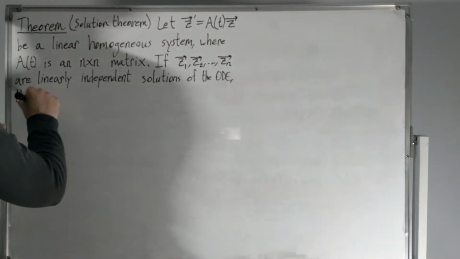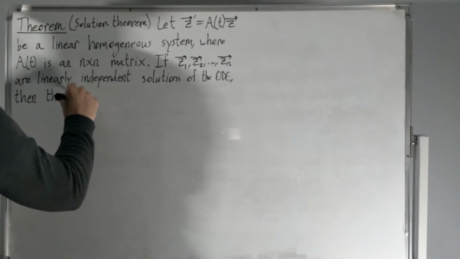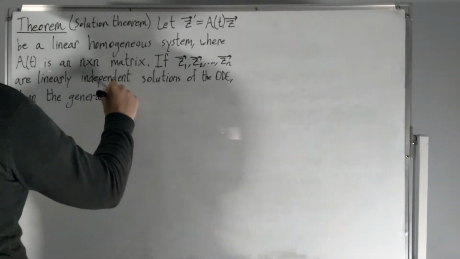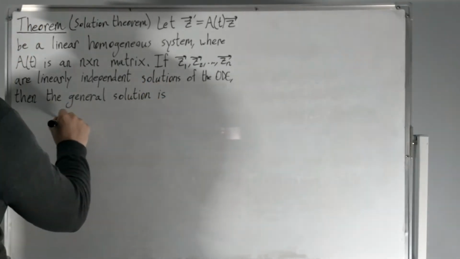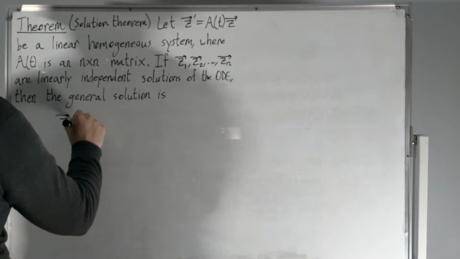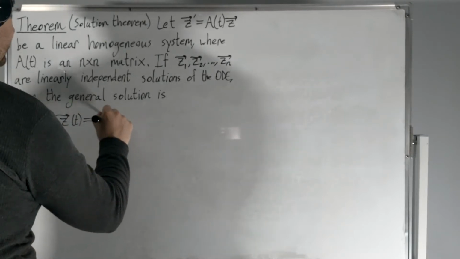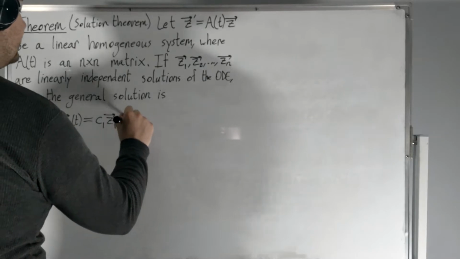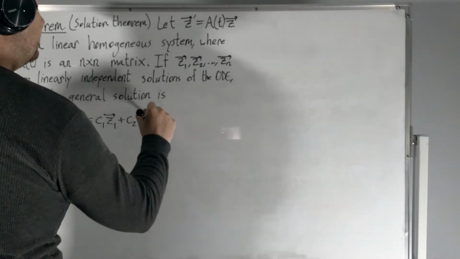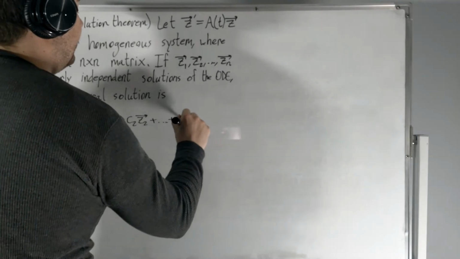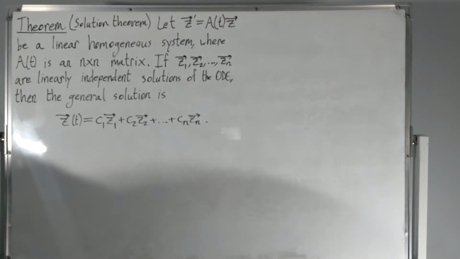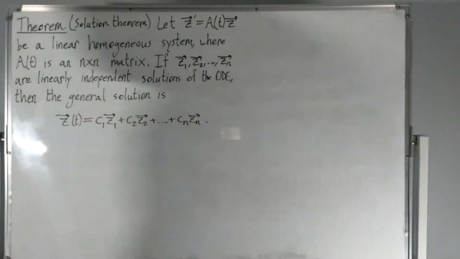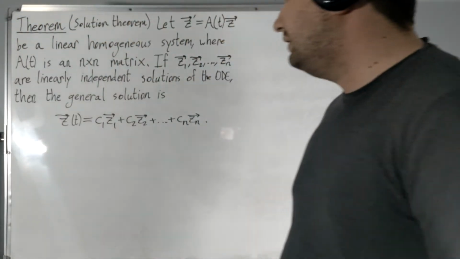Then the general solution is z vector of t equals c1 z1 vector plus c2 z2 vector plus dot dot dot plus cn zn vector, for some constants c1, c2, all the way up through cn, you know, the usual thing.